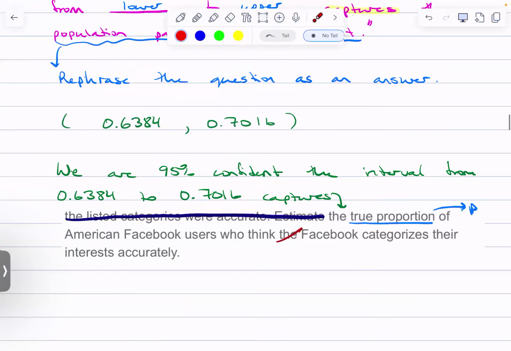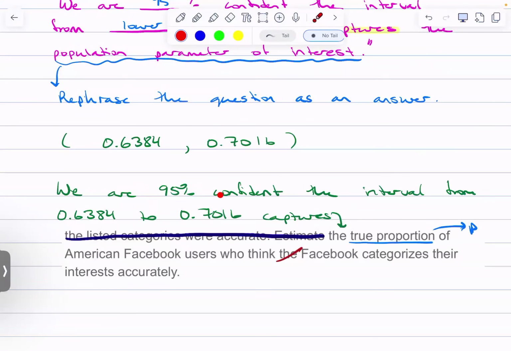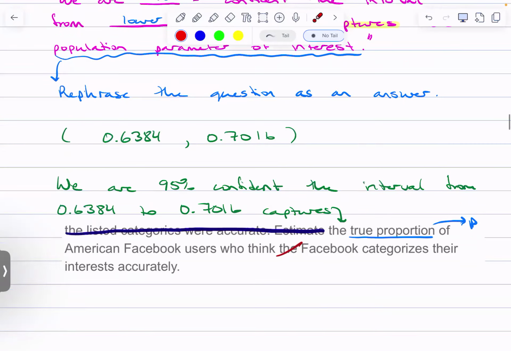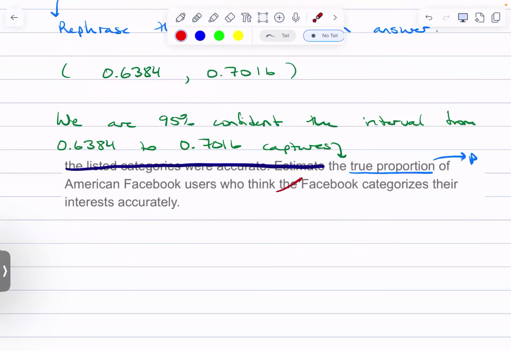And so now what we're really saying is that based off of my sample, I'm 95% confident that this interval captures the population proportion. It's really important to remember that this population proportion is fixed. It exists. All American Facebook users exist.